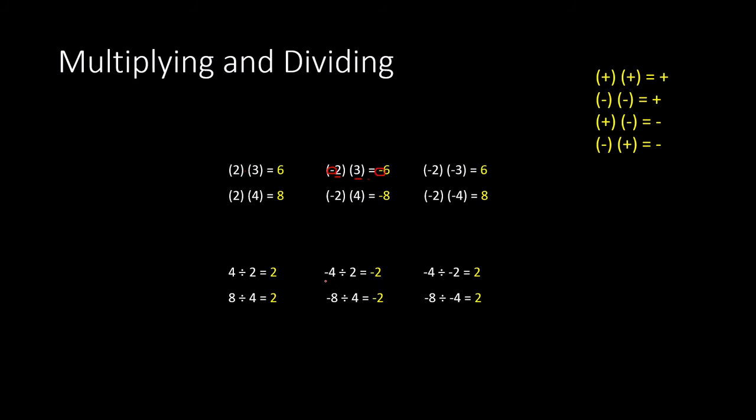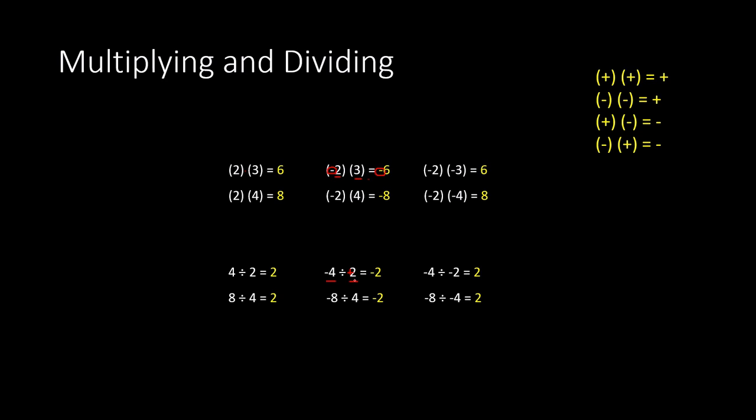First I'm going to look at these two numbers right here, 4 and 2, just by themselves. By the way, we call these integers, or the bases, just the number by itself. It's just the value. We're not looking at the symbols right now, whether they are positive or negative. 4 divided by 2 is equal to 2, and a negative and a positive, and we are assuming that this 2 is positive because we don't see a symbol there.